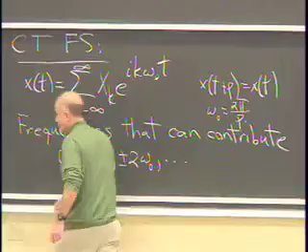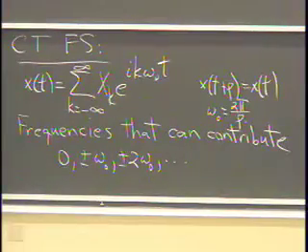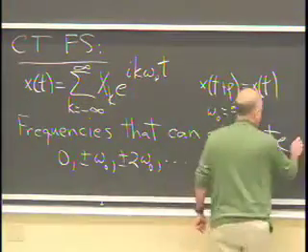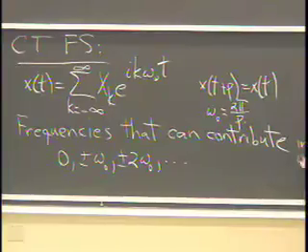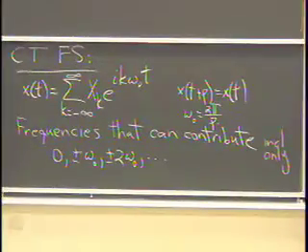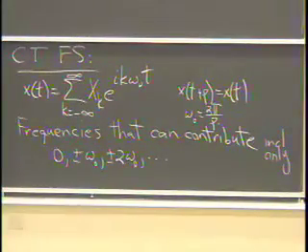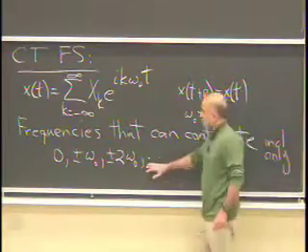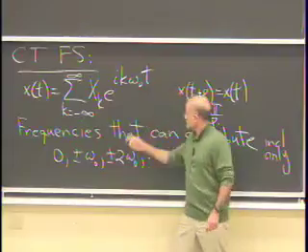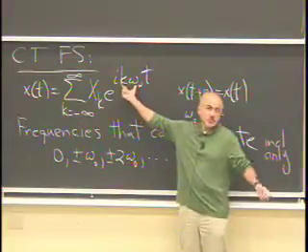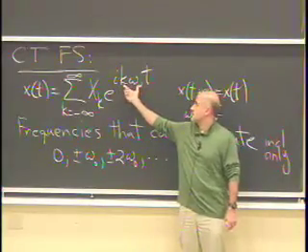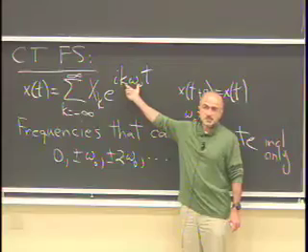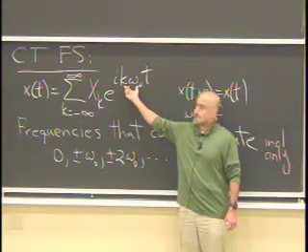So I should say they include only these. There is no other frequency aside from this discrete countable set that can contribute to a periodic signal. And that's the counterintuitive part of this whole story that I mentioned last time got Fourier into trouble.